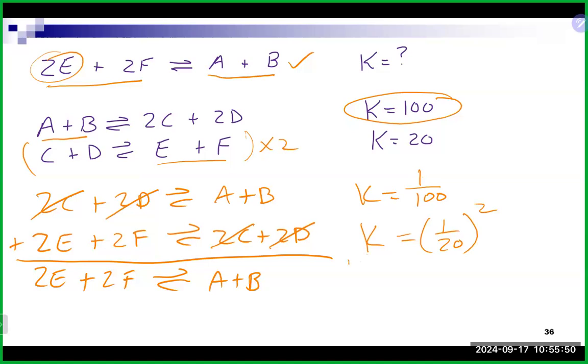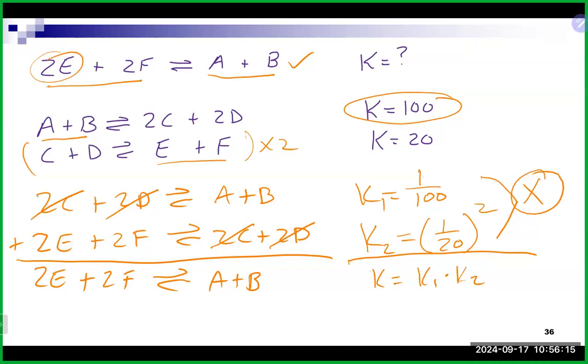So remember, the other thing here is when we add these together, we're actually going to multiply these two. Again, we're going to multiply them, not add them here. So that's going to take us 1 divided by 100, which is basically 0.1. We'll go K1, K2. So K would equal K1 times K2.